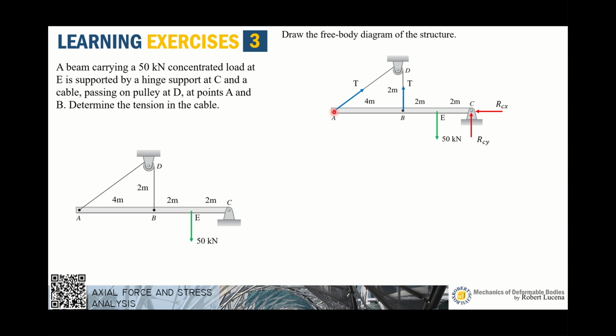In this case, T can be resolved at point A, so that we have components Tx and Ty. Tx is eliminated if we perform summation of moment at point C, because it passes through the moment center, leaving us with only Ty and T. But this doesn't count as two unknowns because Ty can be expressed in terms of T.